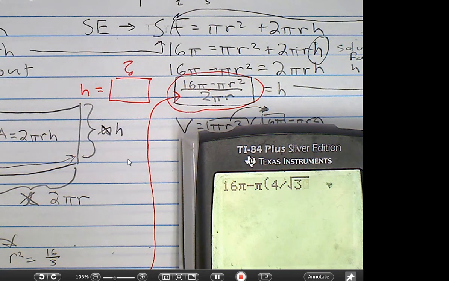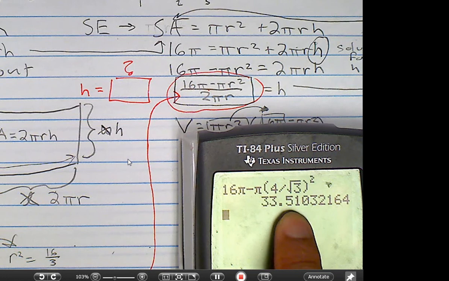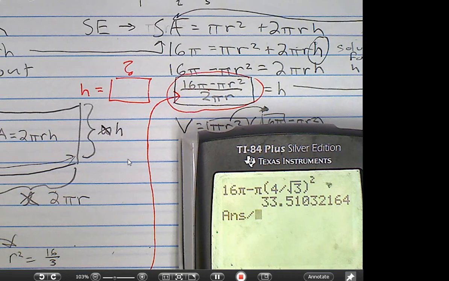Gotta get out of your radical, in parentheses, squared, equals. That's your top value, and then divided by, in parentheses now, 2 times pi times, in parentheses again, because I just feel like fractions have to be in parentheses.